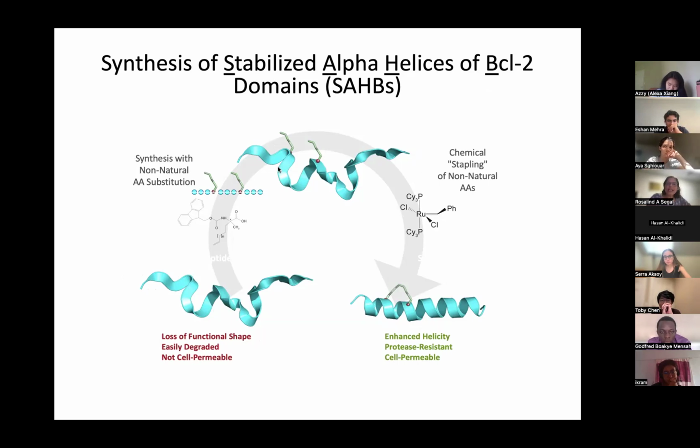And then he does this chemical stapling to generate this link between one of these unnatural amino acids and the second one. What this does is it makes the BH domain assume the alpha helical conformation, which is shown here, that it would normally have in the context of the protein. And so we can make this very short peptide sequence act like the BH4 in the protein acts.